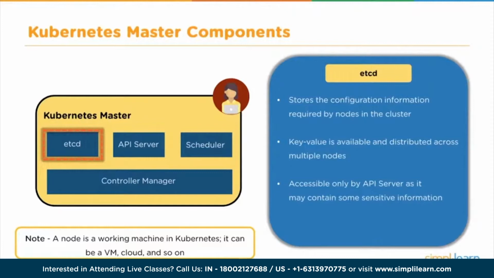If we look at the Kubernetes master to begin with, we'll start with etcd. This is a tool that allows for the configuration of information and the management of nodes within your cluster. And one of the key features that you'll find with all of the tools that are managed within either the master environment or within a node is that they are all accessible via the API server.